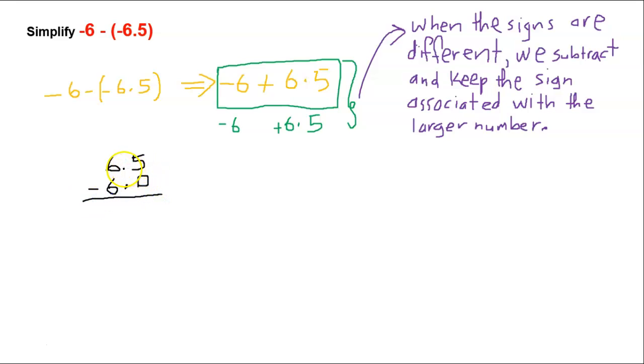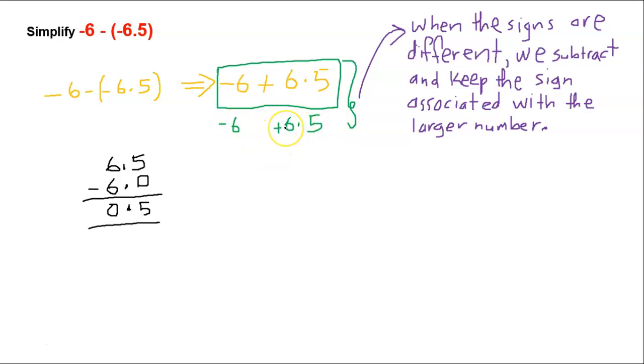So 5 take away 0 is 5. Write that under here. We put our points. Our points must be aligned vertically. 6 take away 6 is 0. So we get 0.5.